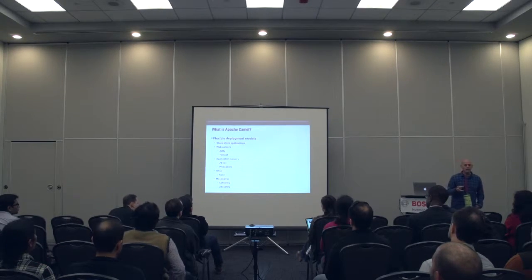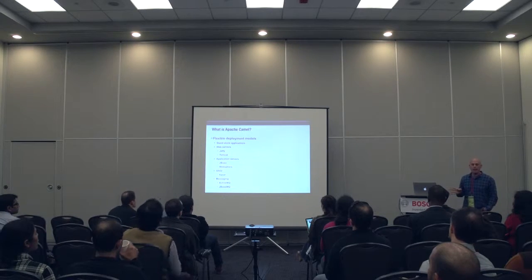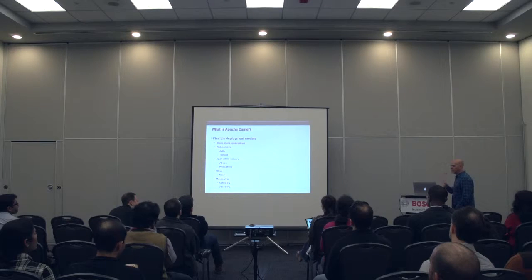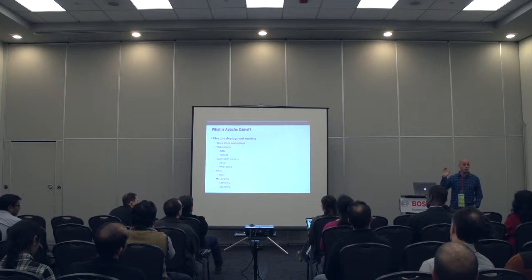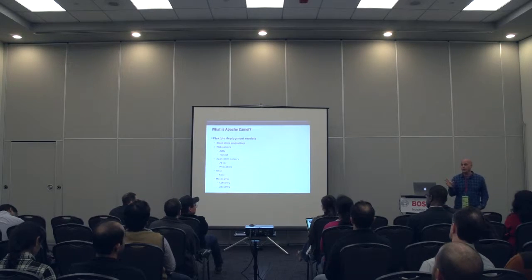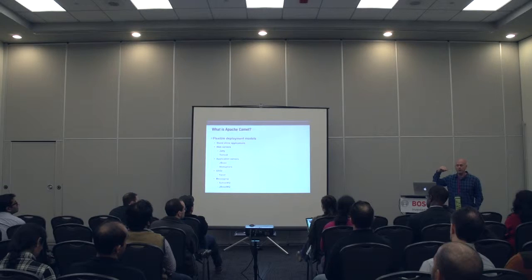How do we deploy Camel? Camel's really an API. It's a micro-container, but it's also an API. We can run it standalone. We can deploy it inside of web containers. We can put it in application servers, OSGi, Karaf, and believe it or not, you can actually embed it inside of ActiveMQ.